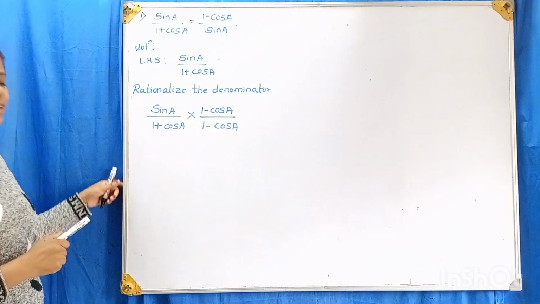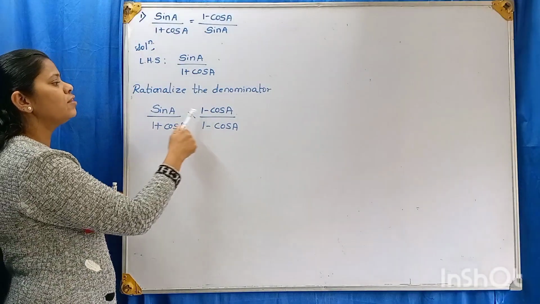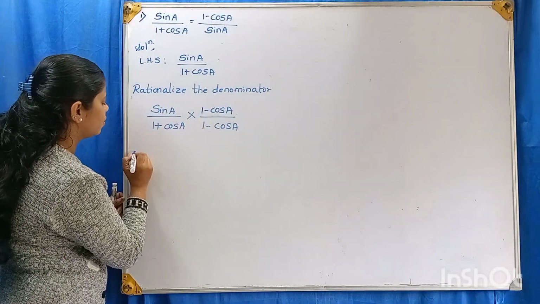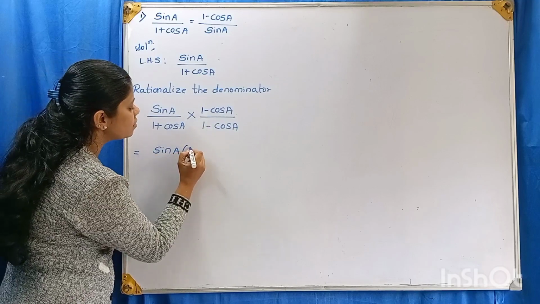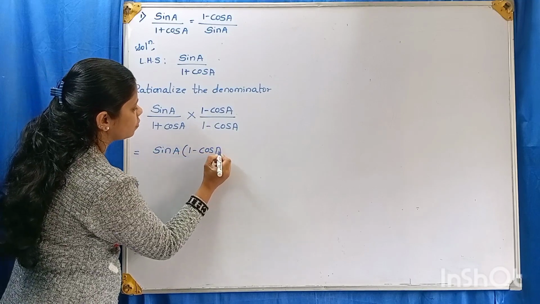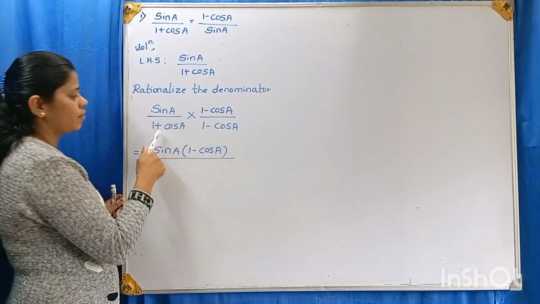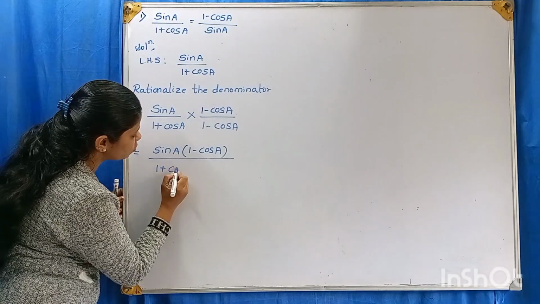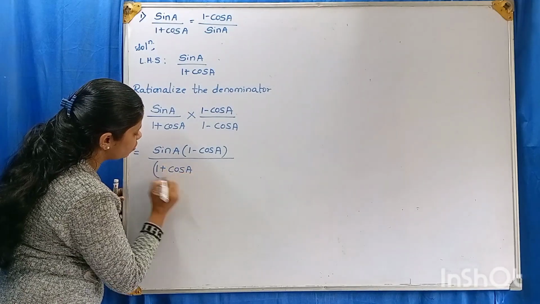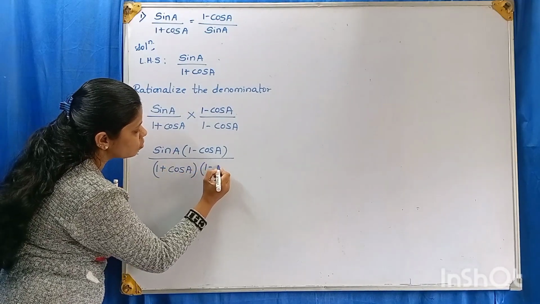Okay? Then it will become sin A into 1 minus cos A divided by 1 plus cos A into 1 minus cos A.